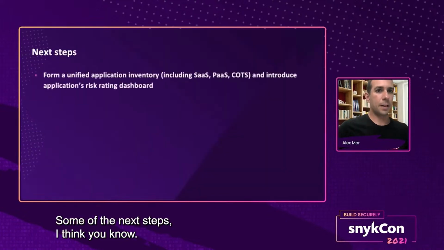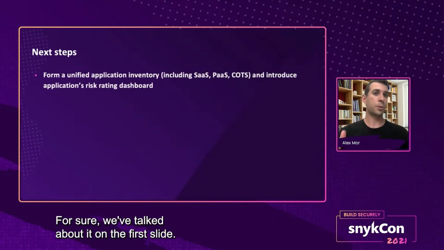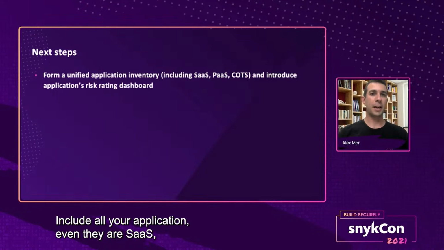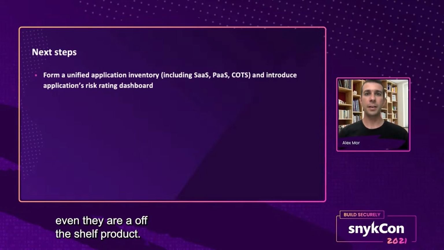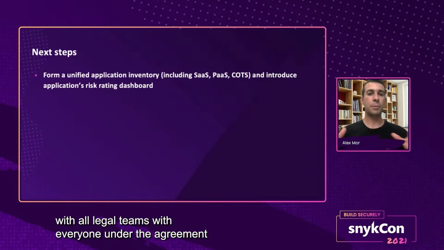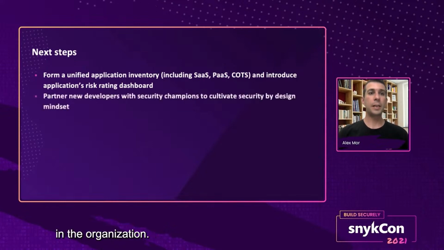Some of the next steps, I think, every product company, every team should start doing, if not already doing, right? For sure, we talked about it on the first slide. So have a unified application inventory, include all your applications, even if they are SaaS, even if they are an off-the-shelf product, and introduce one dashboard with all compliance teams, with all legal teams, with everyone in agreement that these are our top 10 risky applications in the organization.